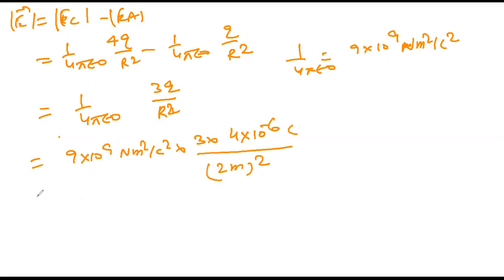You know how to solve it? 2 to the 4, this 4 cancels. So you'll get 9 3s are 27, 10 to the power 9 and 10 to the power minus 6 will become 10 to the power 3. So again put a decimal, 2.7 into 10 to the power 4 Newton per coulomb.